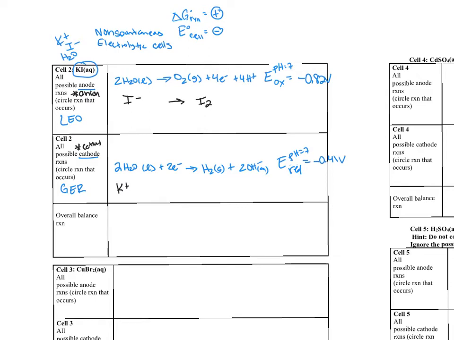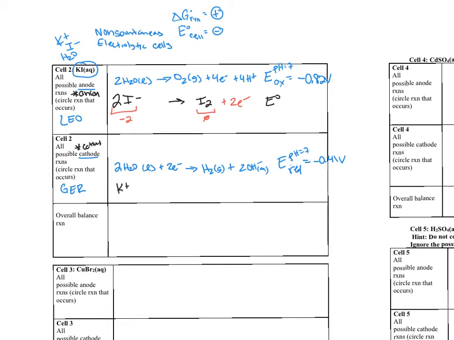We're going to balance this. I see that I have 2 iodine atoms on the right, 1 on the left. I'm going to balance the atoms with a coefficient of 2. I now see on the left-hand side I have negative 2. On the right-hand side I have 0, which means I need to add 2 electrons to the right-hand side, which does indeed match up with oxidation.